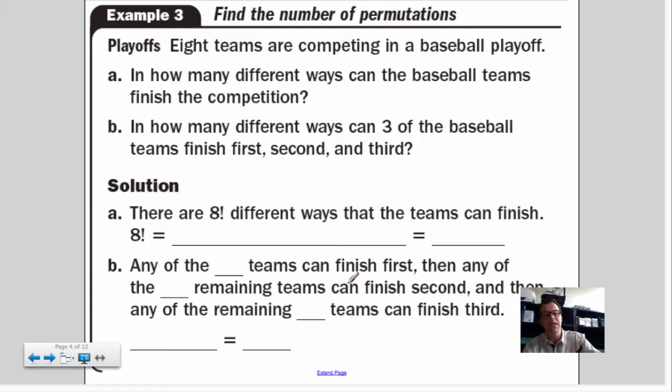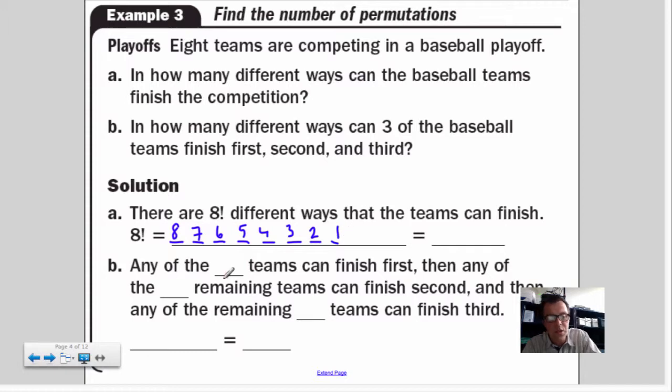You would have basically 8 factorial. 8 factorial means, again, you would think of how many places. Well, there are 8 places if there are 8 teams. And the first time, whoever gets first, there are 8 possible teams. Well, for second place, you've already picked one of the teams, or one of the teams has finished in first. So it would drop to 7, 6, 5, 4, 3, 2, 1.